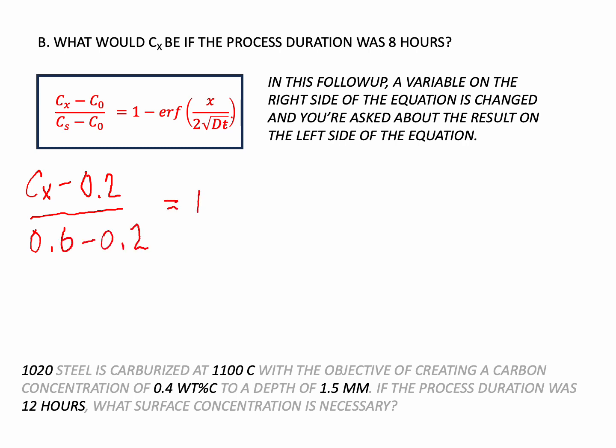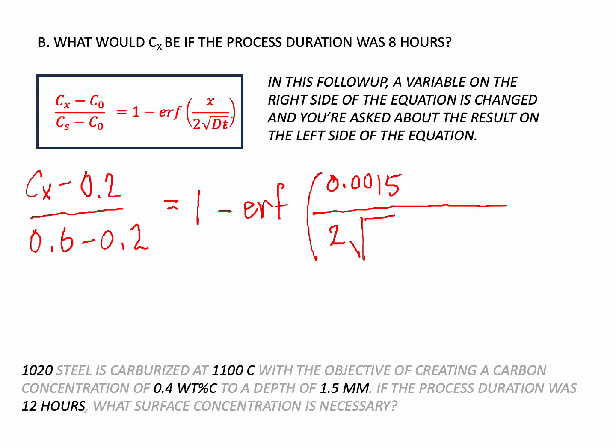All of that is equal to 1 minus the error function of x is the same, 0.0015, over 2 square root of D t. Not changing temperature, so D is the same, 5.35 times 10 to the negative 11, but we are changing time.